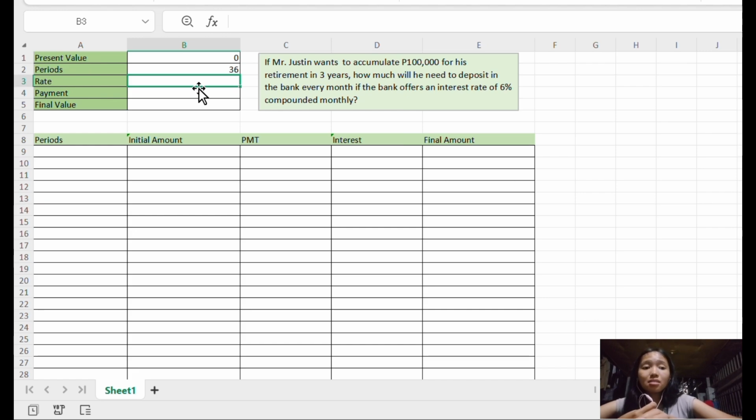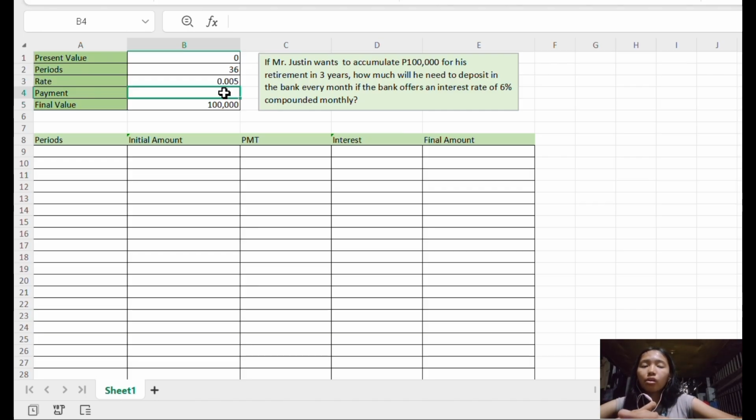Now for the interest rate, we have to divide the nominal interest rate, which is 6% or 0.06, by the number of conversions per year. So we type equal, then 0.06 divided by 12, and we will have 0.005. Let's set aside the payment for now, and for the final value we have 100,000 pesos.